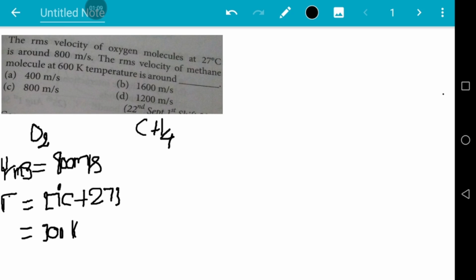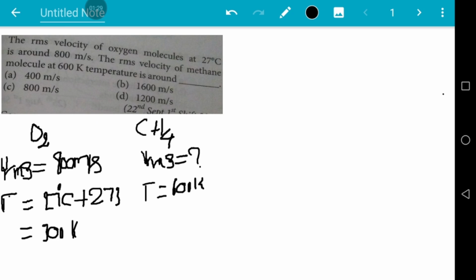So this is the temperature of oxygen. Next, for CH4, they are asking the URMS of methane. Next, the temperature given is 600 Kelvin. The temperature is given in Kelvin only, so no need to convert.